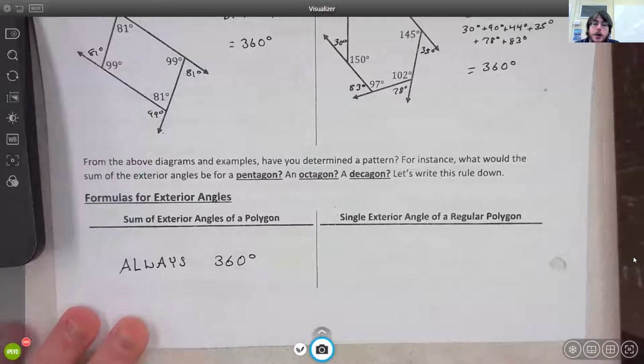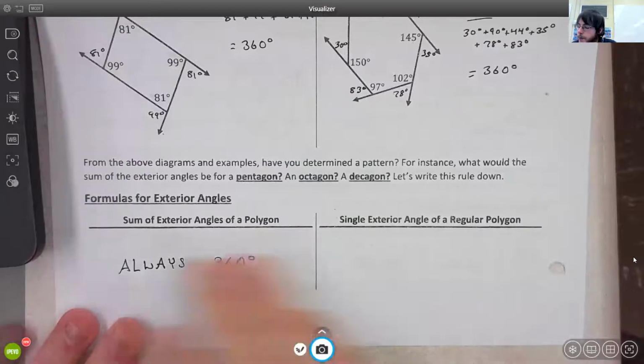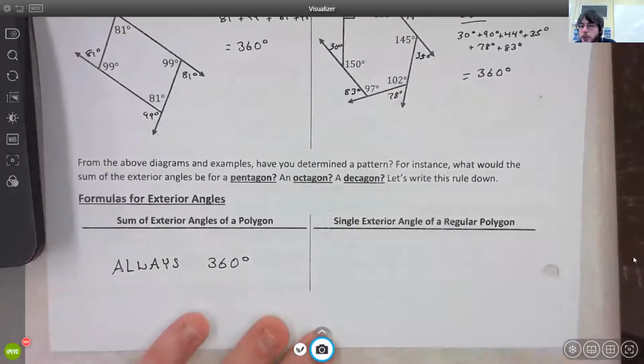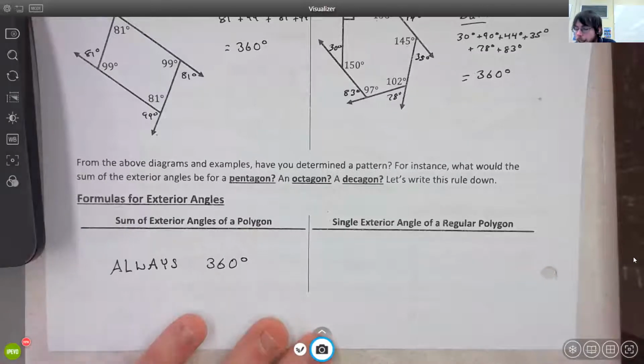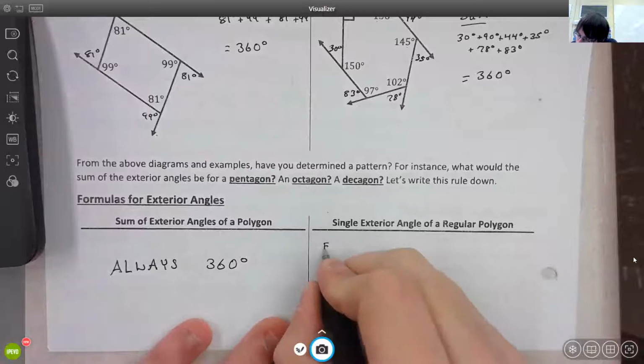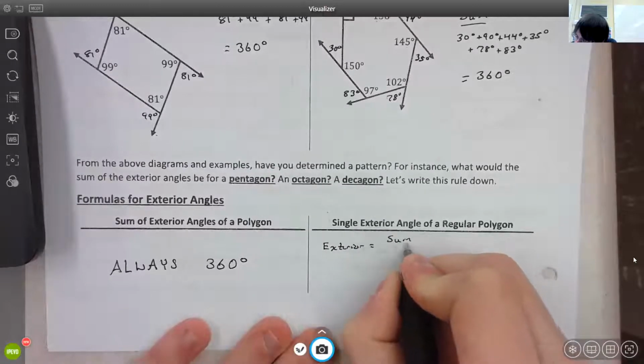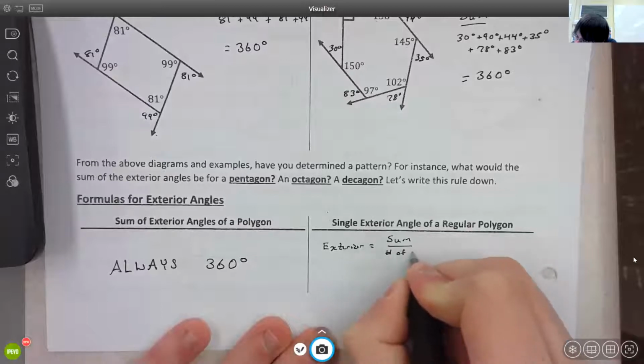Next up, a single exterior angle of a regular polygon. Just like the interior angles, we can figure out one exterior angle of a regular polygon. They're all the same, and the number is dictated by the number of sides. So one exterior angle is equal to the sum divided by the number of sides.